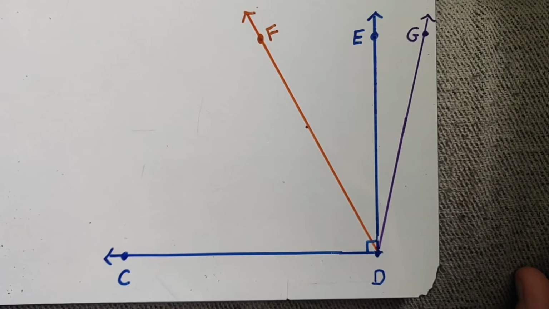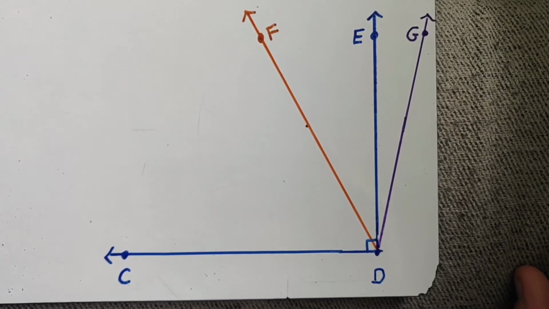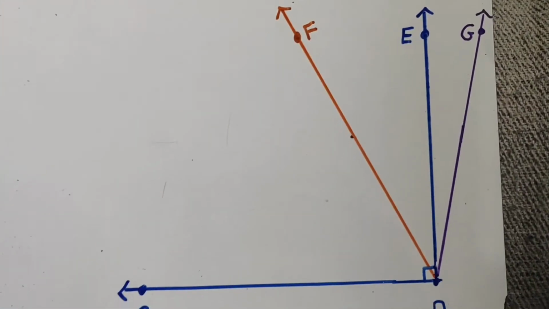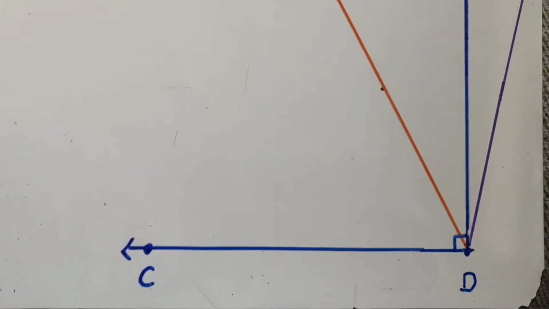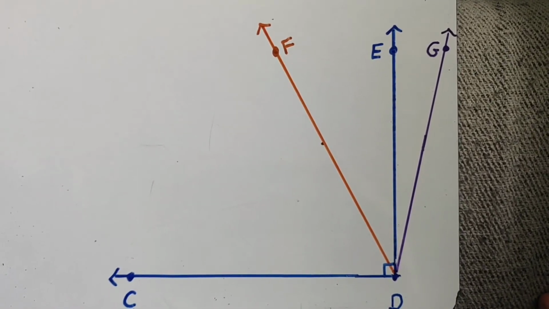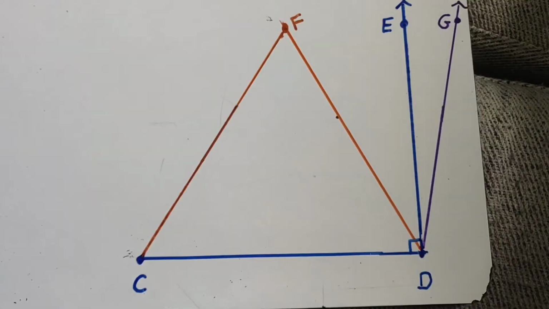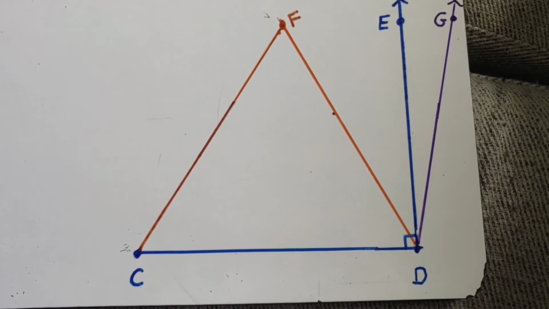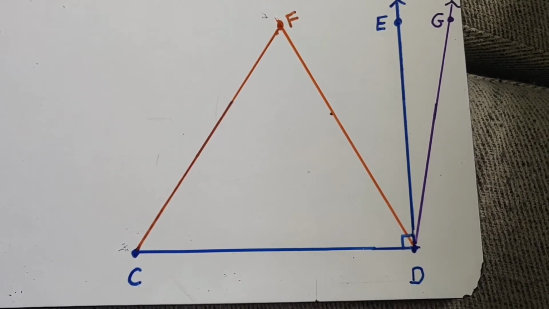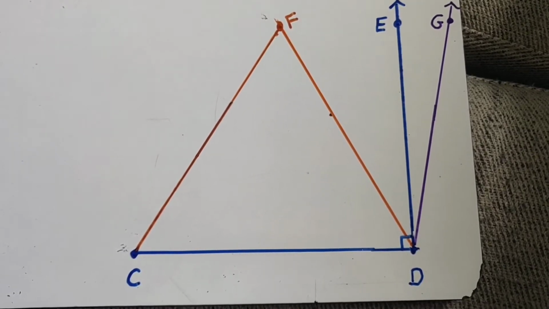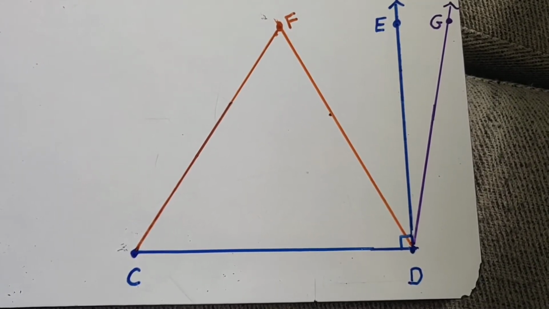What I'm going to do is draw a line segment from point F to point C, and I'm going to create a triangle that way. And now notice that we have triangle CDF. That's one way we can name it. We could also name it triangle DFC or FCD. It doesn't really matter how you do it, but we'll call it triangle CDF.